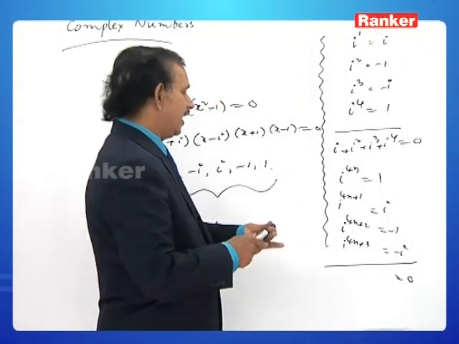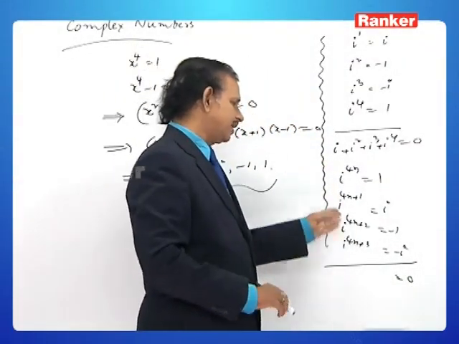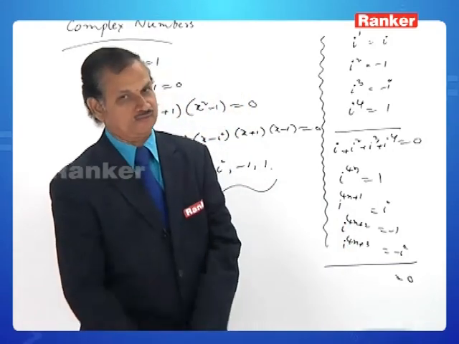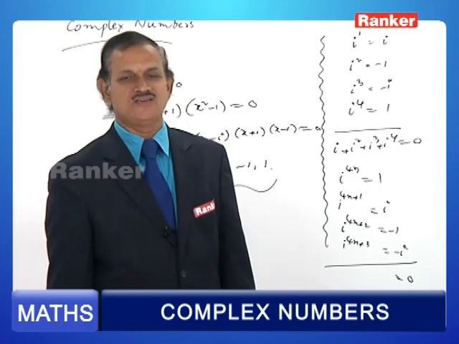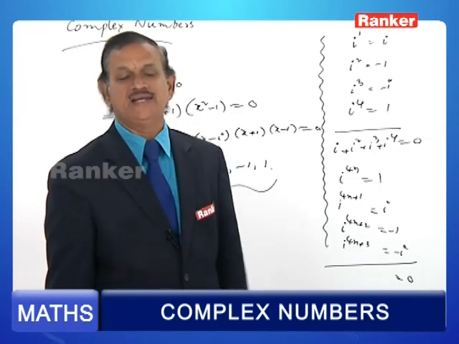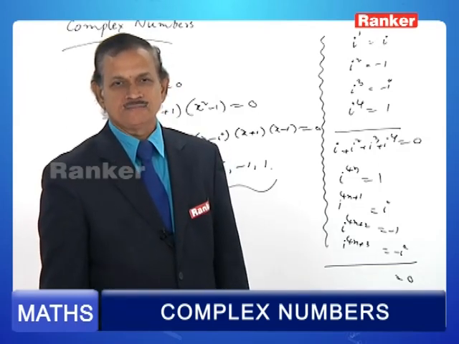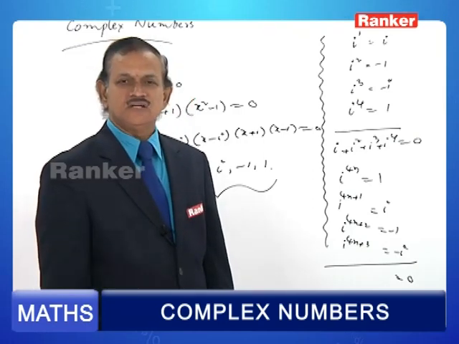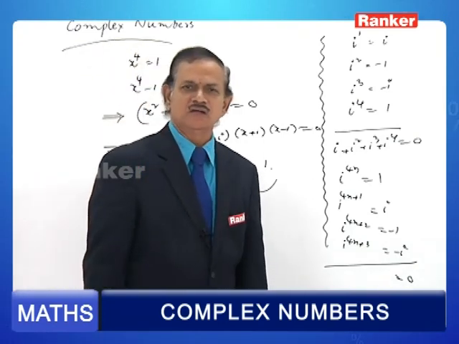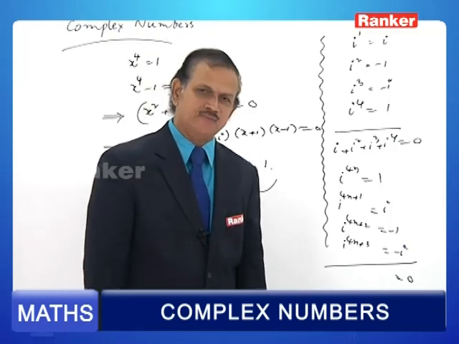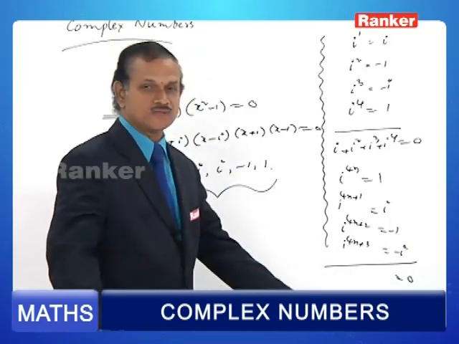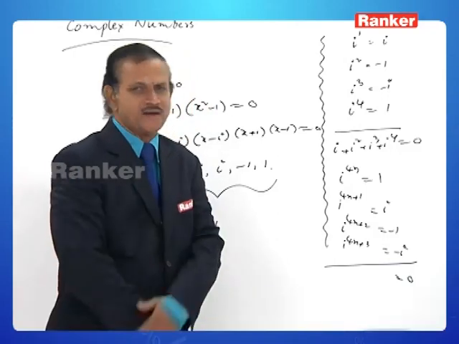You see, i power 4n, i power 4n plus 1, i power 4n plus 2, i power 4n plus 3. What can you say about them? They are nothing but 4 consecutive integral powers of i. Moreover, if you select any set of 4 consecutive integers, they can be put in the form 4n, 4n plus 1, 4n plus 2, 4n plus 3 for some integer n.